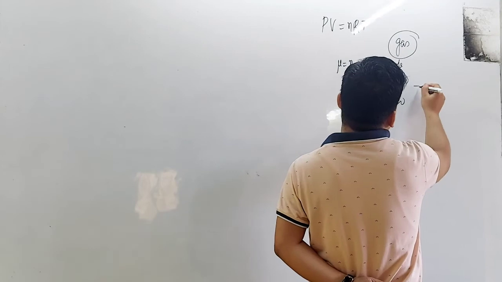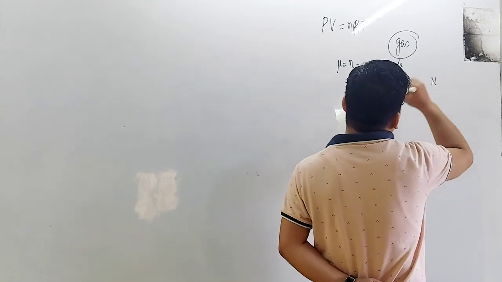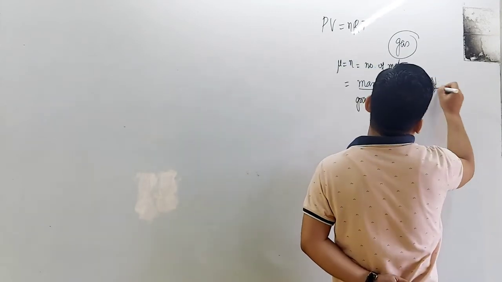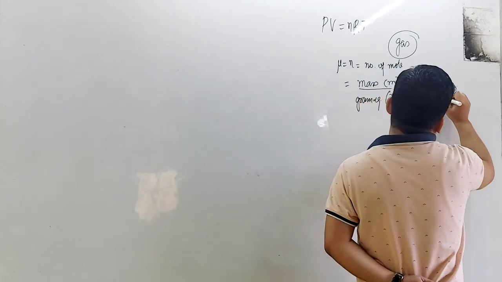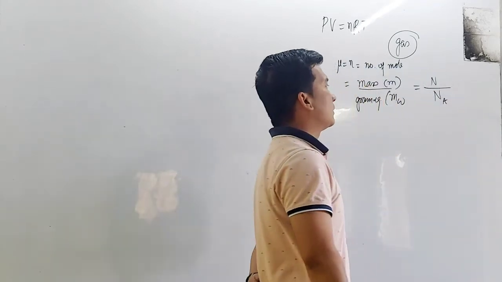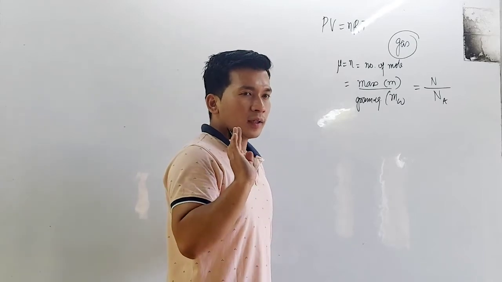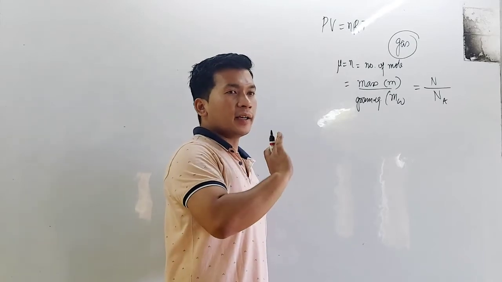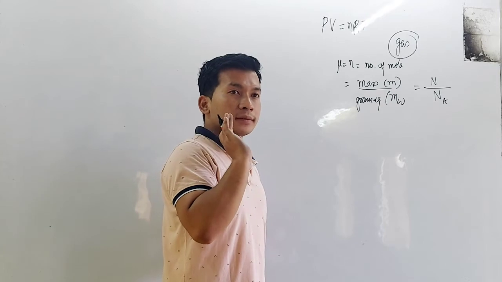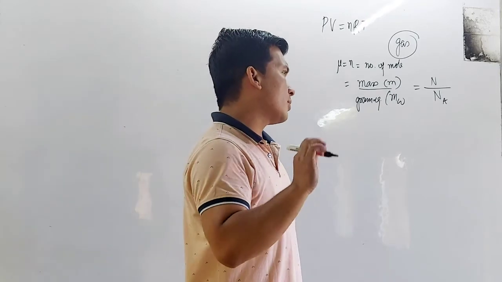This can also be expressed as the total number of molecules or atoms present divided by Avogadro number Na.